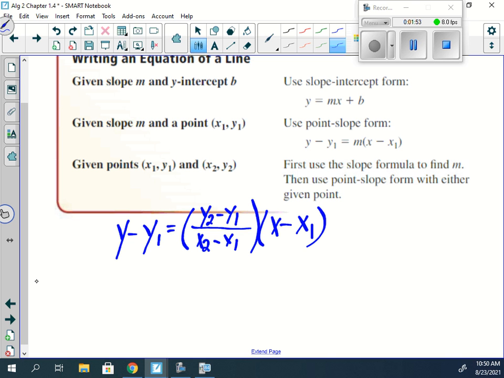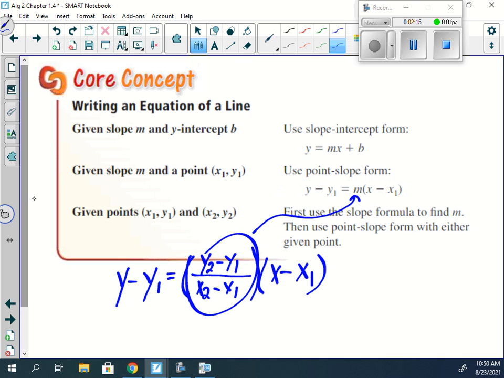That's really just plugging the slope formula into the point-slope. You don't have to write that down because that's not really helpful. You're better off just figuring out what the slope is and just using point-slope. It's a little bit easier to use and not so confusing on what's going where and how it all simplifies down.